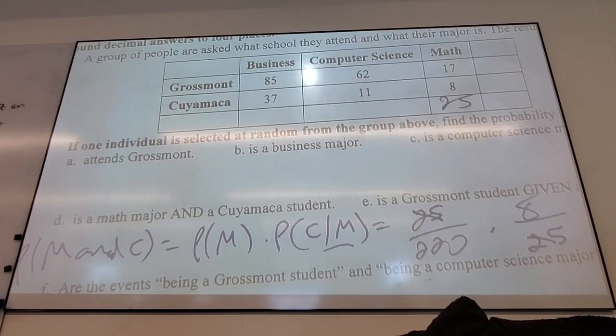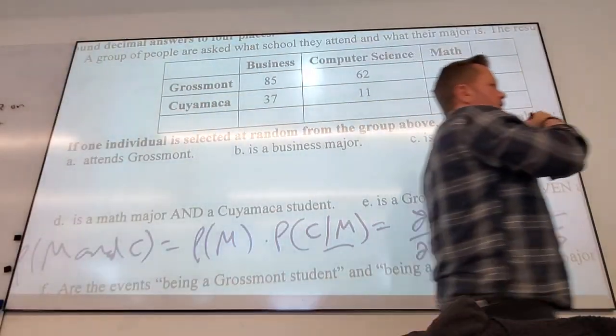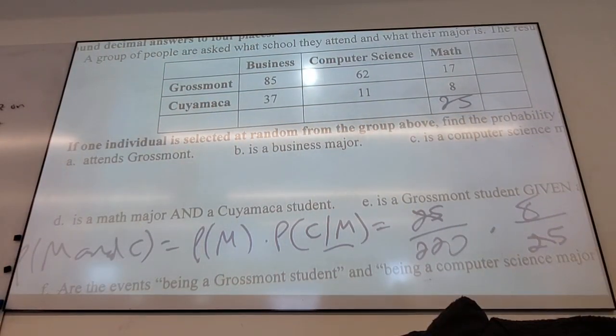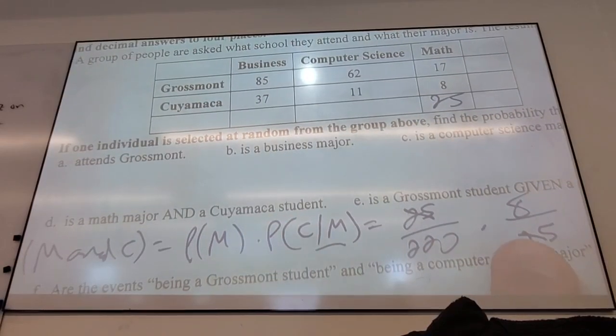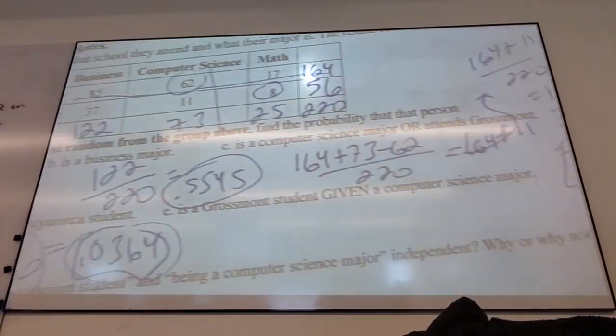And this way is not the better way. The way you guys did it, 8 of them out of 220, you're done. Does it work? Yes. Is it the silly way to do it? Yes. Some of you guys were trying, and I really appreciate you trying, but you did not have to do that.